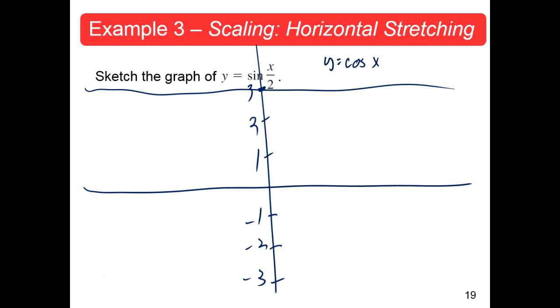So once you have a period, what are you going to do with it? Divide by 4. Take a quarter of a period. And what will that be? Pi halves.